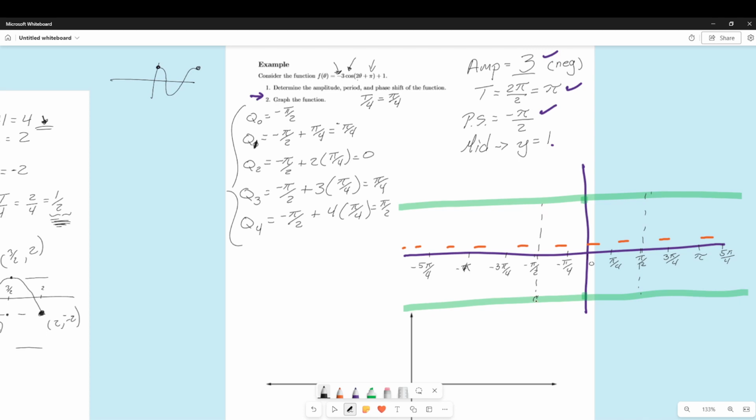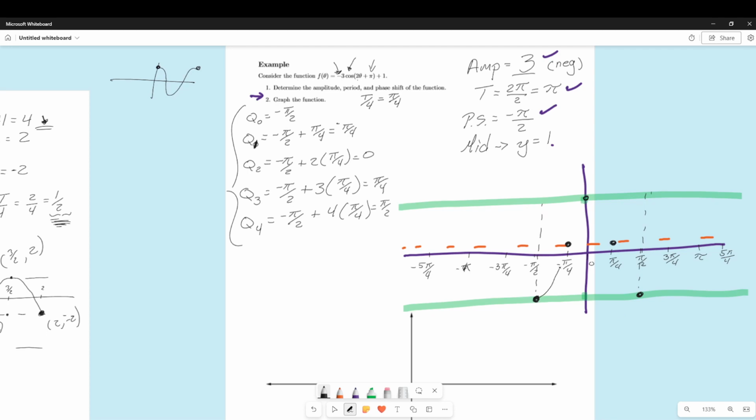So we're going to be starting down here at our minimum, then go through our midline at our first quarter, then our minimum at our second quarter, midline at our third quarter, minimum at our end.